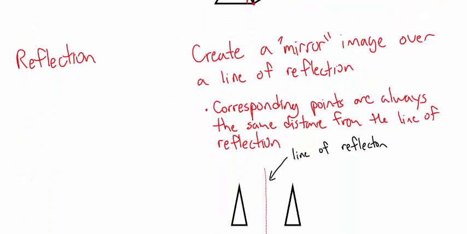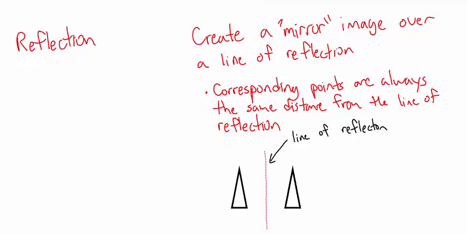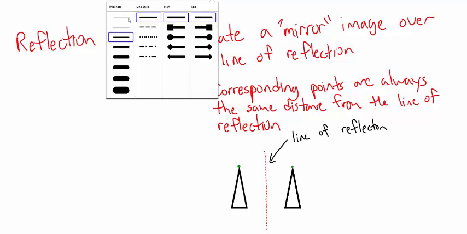And a reflection creates a mirror image over a line of reflection. And the corresponding points, this point and this point, those are corresponding points, right? Those are always the same distance from the line of reflection.